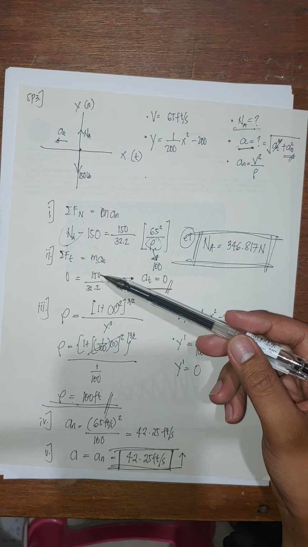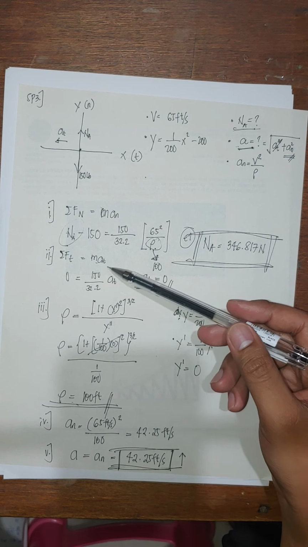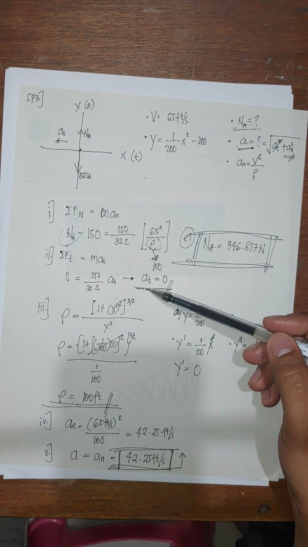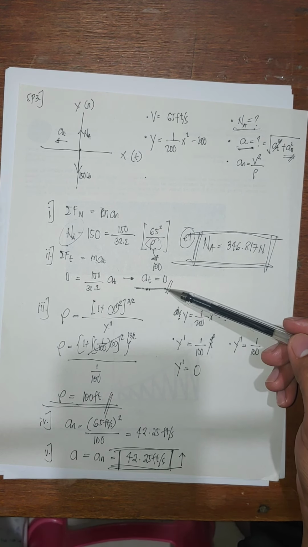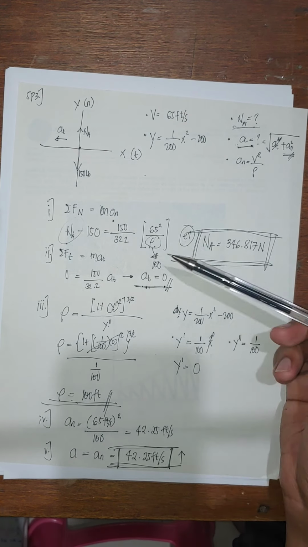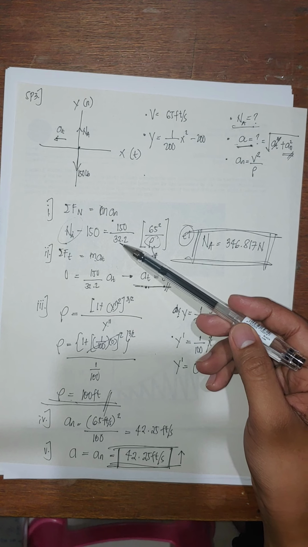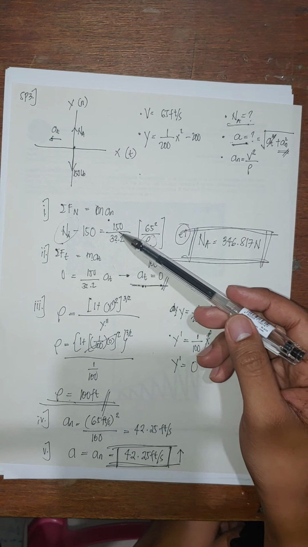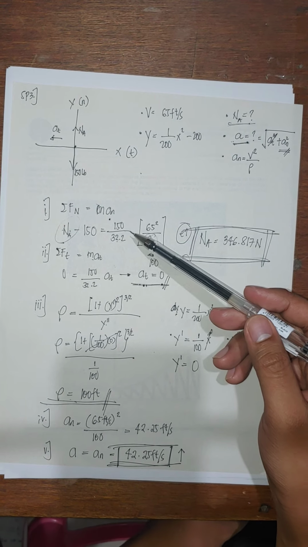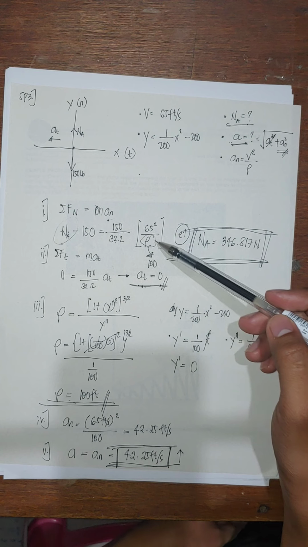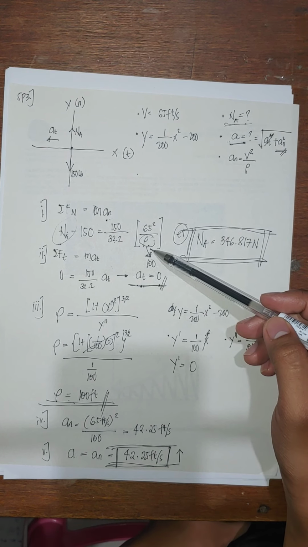So then from this equation, we can solve that the tangential acceleration is just equal to 0. So ang natong acceleration is just the normal acceleration on this side. So ang 150 atong i-divide sa gravitational acceleration to get the mass because 150 pounds is a force. This is the normal acceleration A sub n, that is v squared over rho.